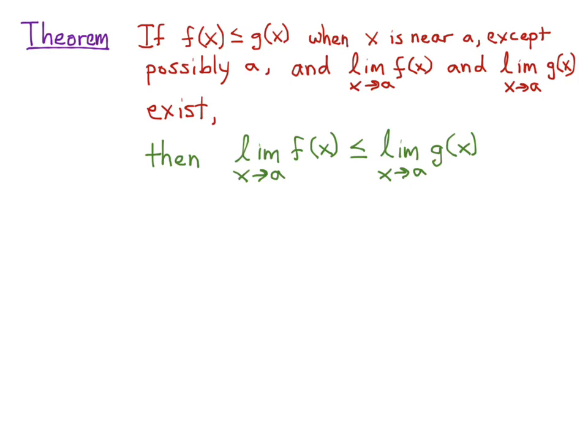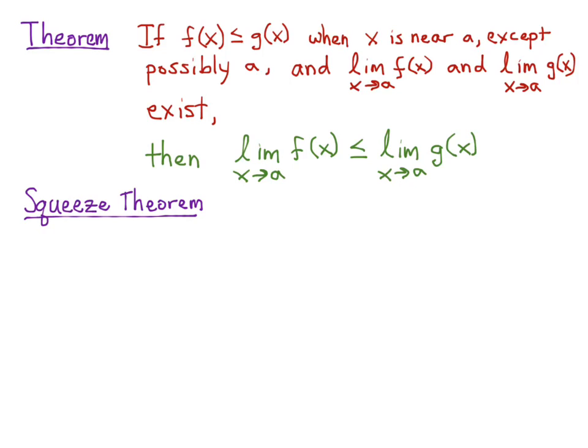Now this might seem kind of obvious, right? If I'm always less than something else, whatever I approach, I'm always going to be less than that other thing. But it's actually a theorem that needs to be proved, and it's one that is going to be used when we develop a few more concepts in derivatives.